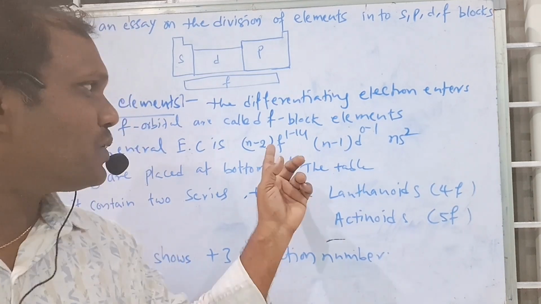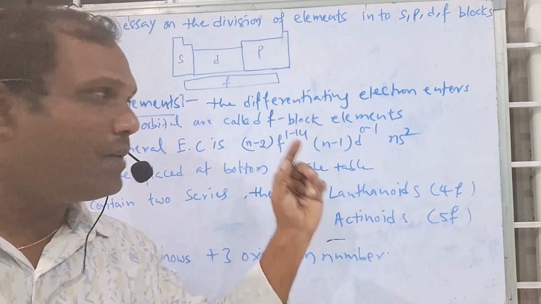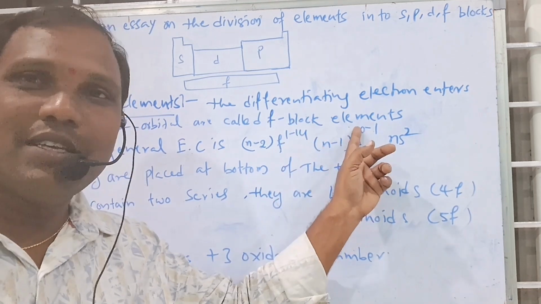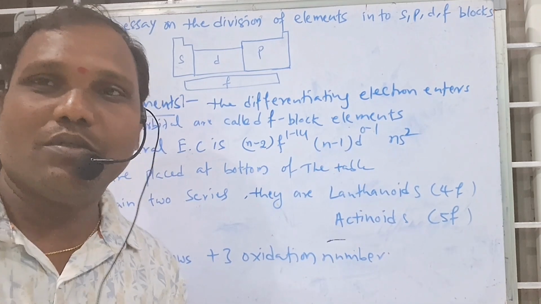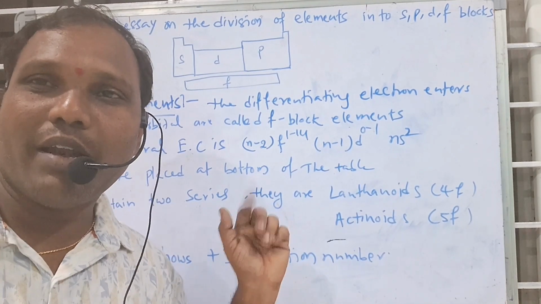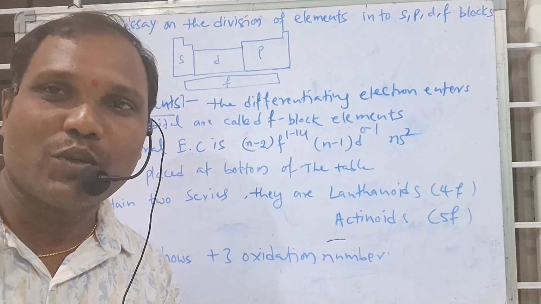The f orbital is filled with up to 14 electrons, that's why f1 to 14. Only one electron is in d in some elements, that's why 0 to 1. So the electron configuration is (n-2)f1 to 14, (n-1)d0 to 1, ns2.